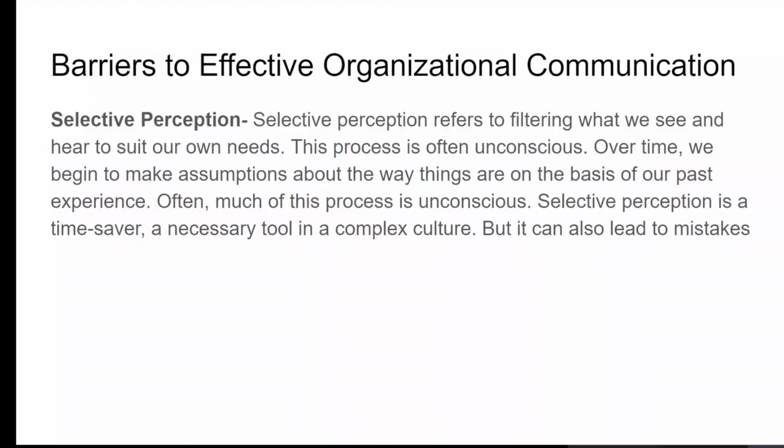There, the receiver is only listening to the bits that the receiver wants to hear. So it is a form of filtering on the part of the receiver. I only want to hear certain things. So selective perception refers to filtering what we see and hear to suit our own needs.